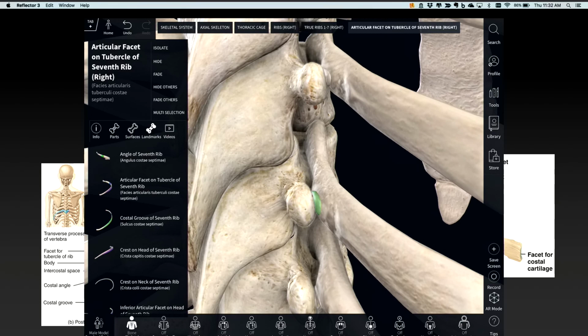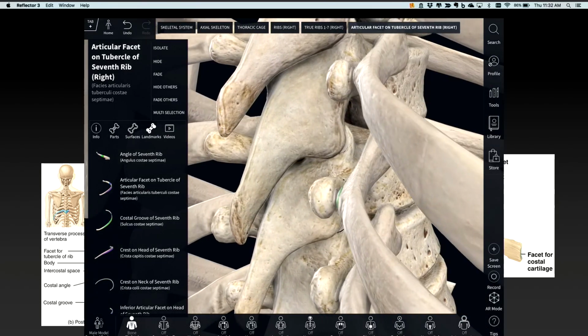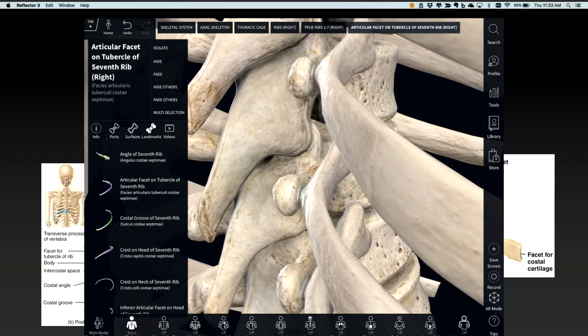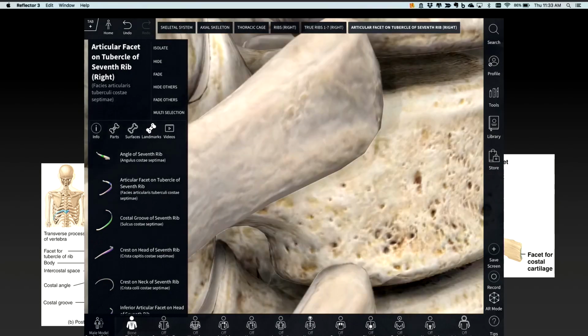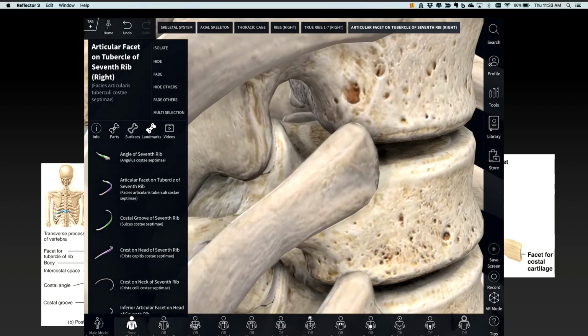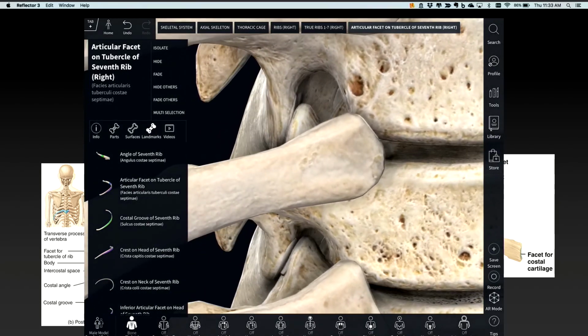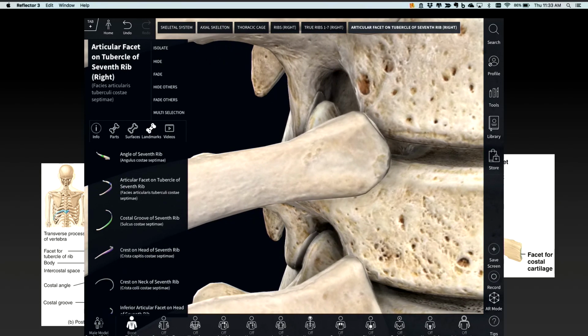And then, see the head of the rib? The articulating surfaces meet the inferior demifacet and the superior demifacet on the vertebrae.